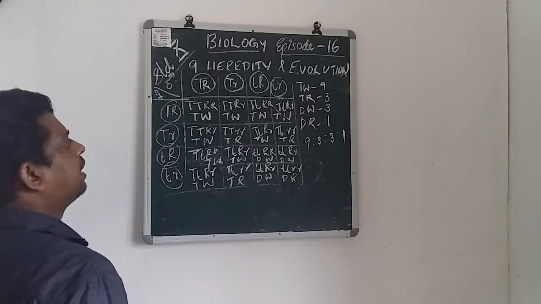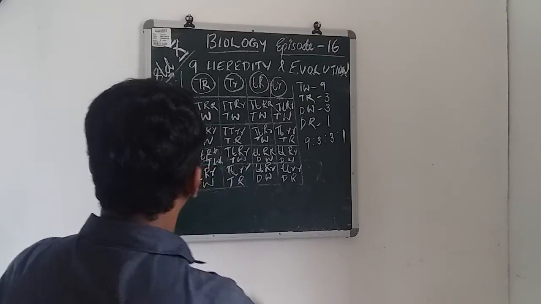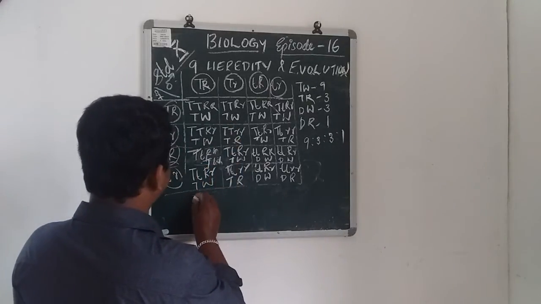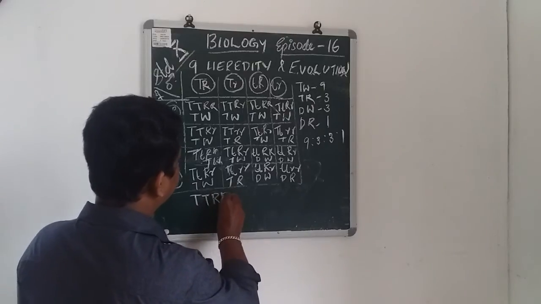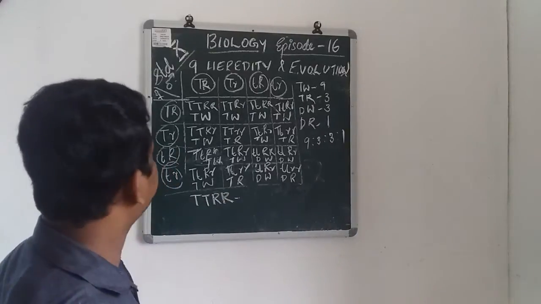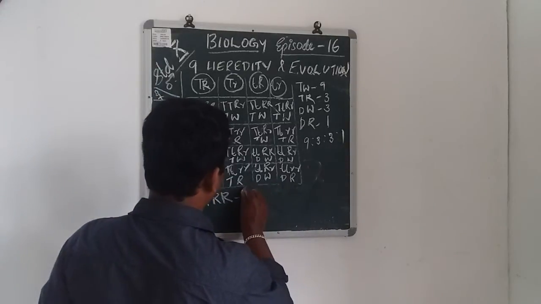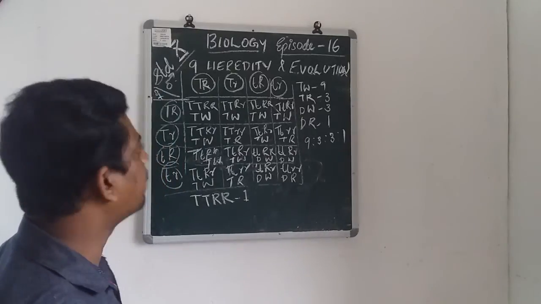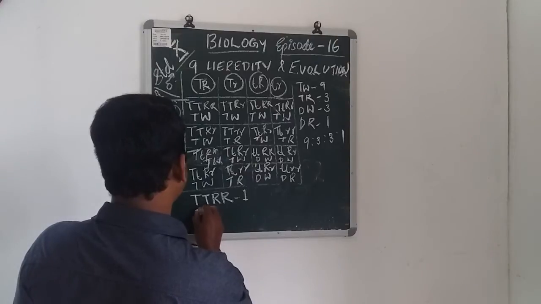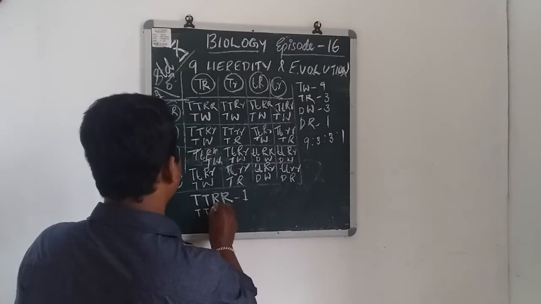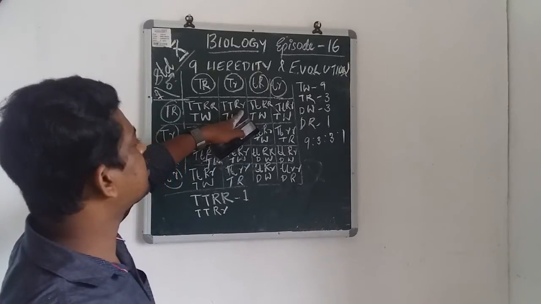And then we discriminate, next is the phenotypic ratios. Look, capital T, capital R. How many numbers in it? Just one. And the second one is, look, capital T, capital T, capital R, small r.